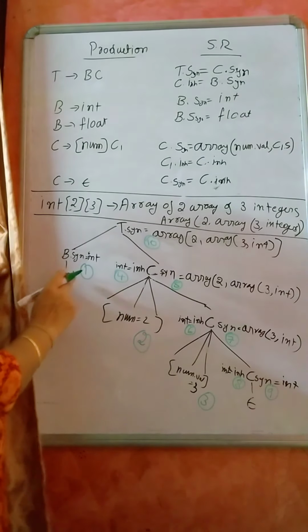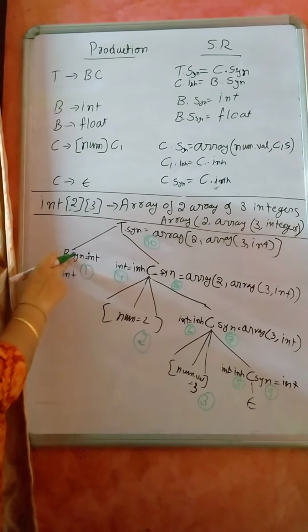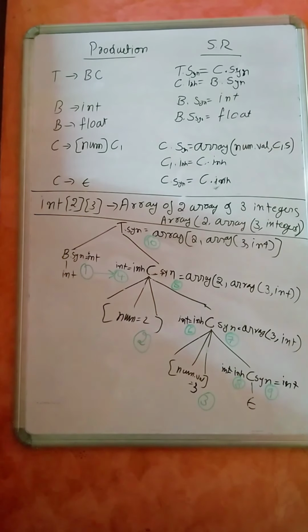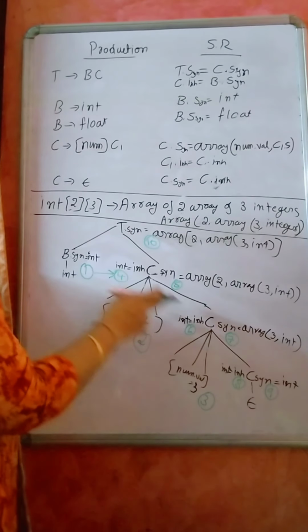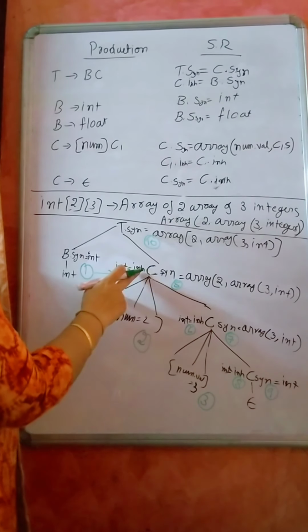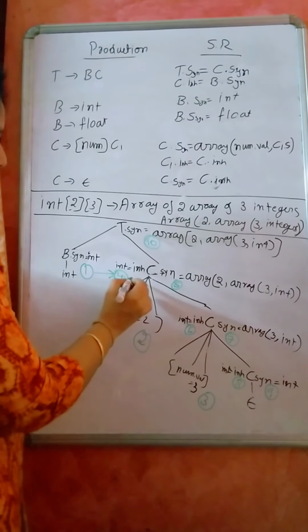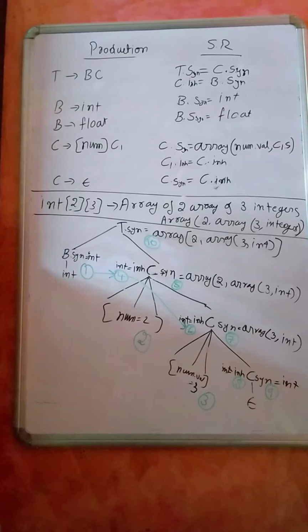Now here, C dot inherited depends on B dot synthesis. So you will have an edge like this. Then your C dot inherited will depend on the inherited value of its head of the production. So this depends on this, and you will have one edge here.